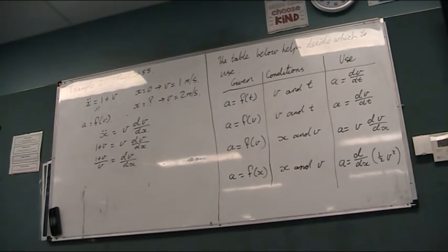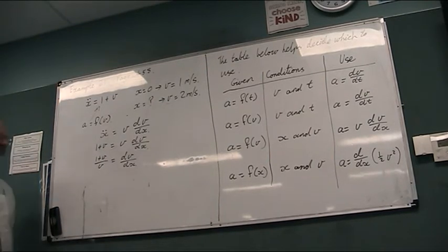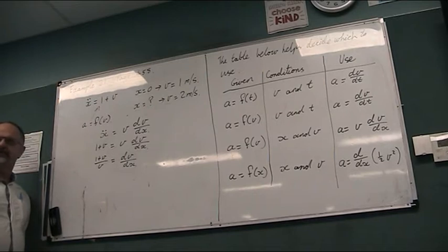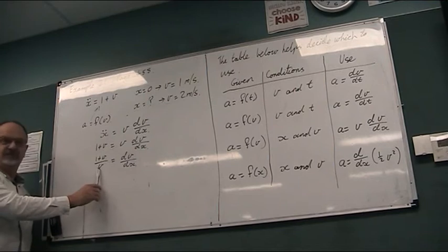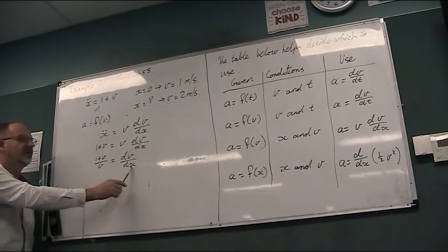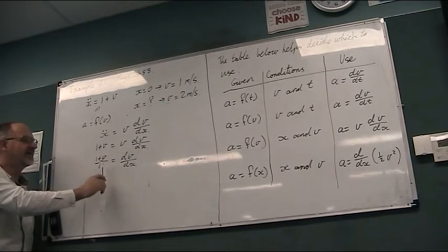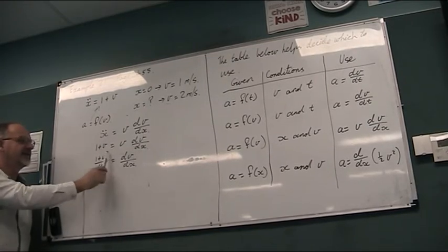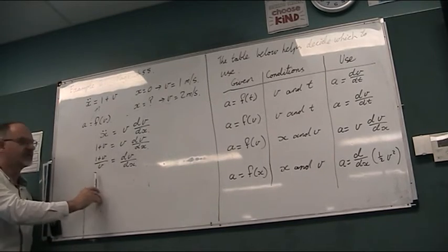All right, now we need to anti-differentiate, but what do you notice we've got here? Velocity, and we've got x on the bottom. So if we're going to anti-differentiate, we need to anti-differentiate with respect to v, don't we? Because that's what this function's got in.